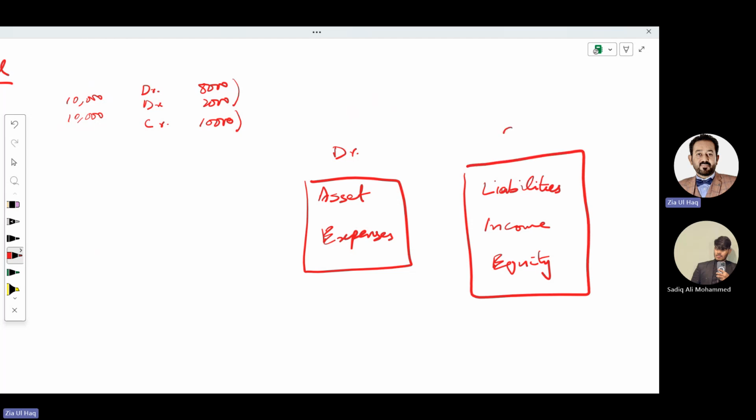Assets and expenses have debit nature, while liabilities, income, and equity have credit nature.